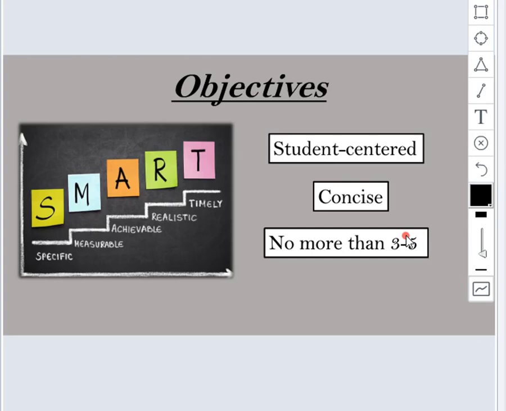You want them to be concise. You don't want to use a lot of big fancy words, and you don't want to measure more than one competency with one objective, right? So you don't want an objective that says something to the effect of the student will identify and analyze the components of this process, and then using these components will create a model to utilize the components.